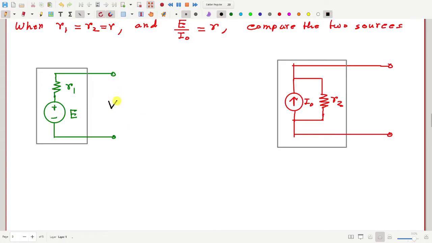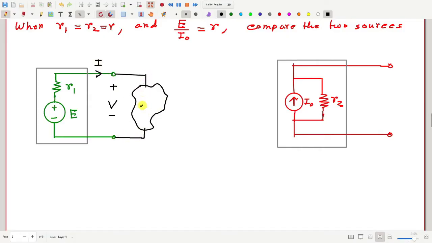If I call the external terminal voltage V and the external current I, of course some circuit must be connected here, otherwise I will be 0.